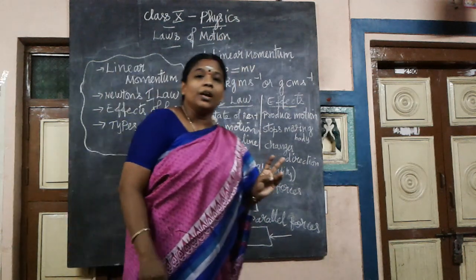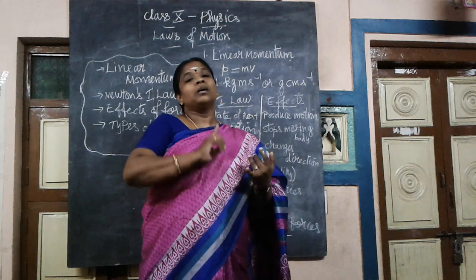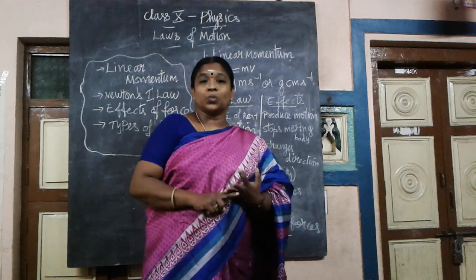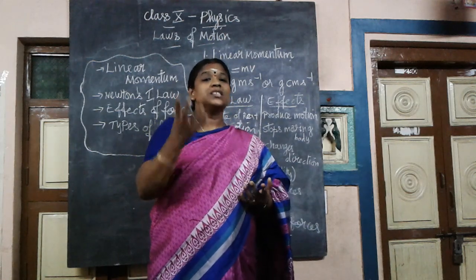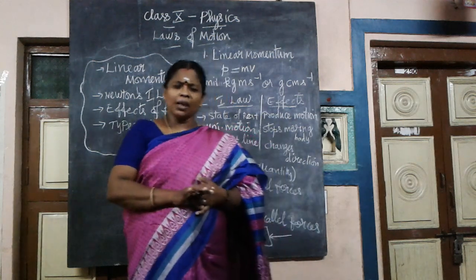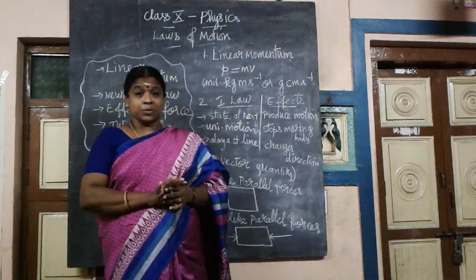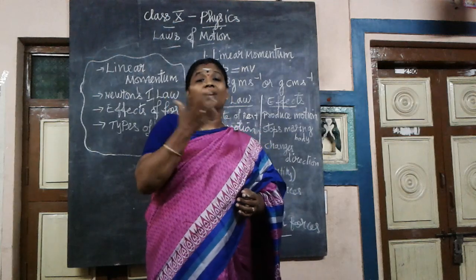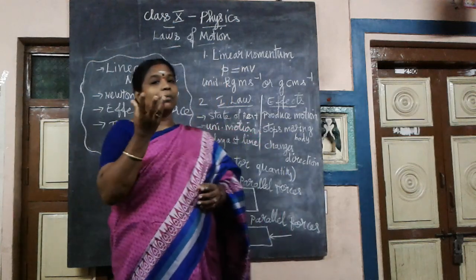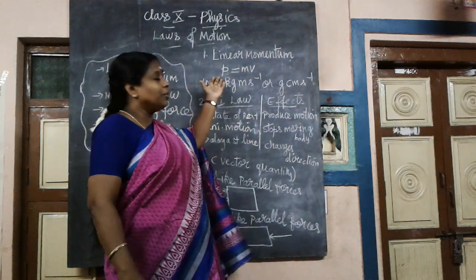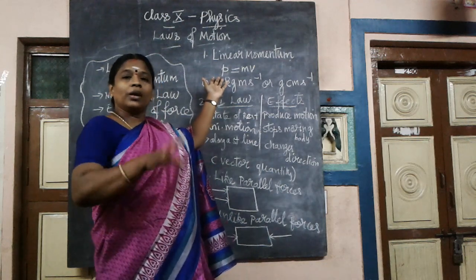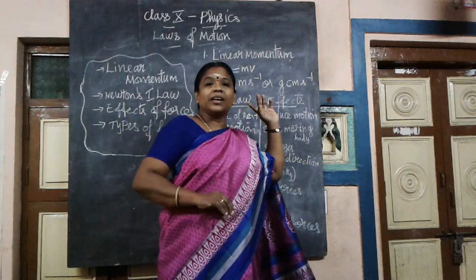So what is linear momentum? The product of the mass of a body and its velocity gives its magnitude. Magnitude I had already explained: it is the numerical value of the term involved. Here the term involved is momentum. Okay, magnitude I told you, what will be the direction?